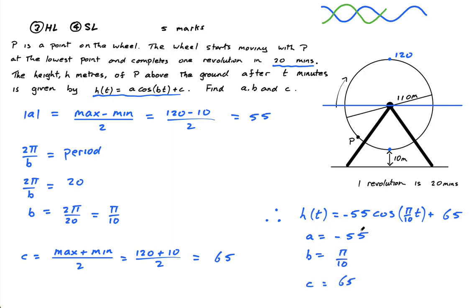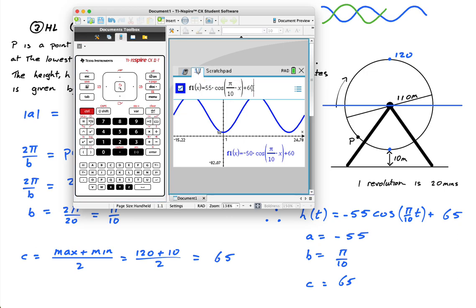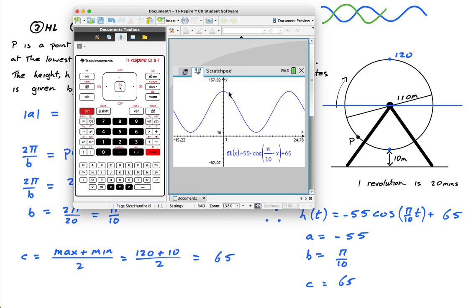This is the one that gets people. They often just write 55. Remember, you have your calculator, so you can actually graph it. That's actually not the function. So imagine you started off with 55 cos of this plus 65, and you graphed it, and you see, well, hang on, this is when time is 0.